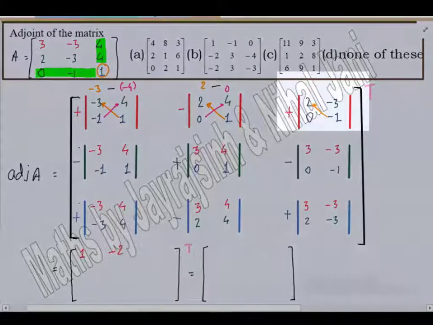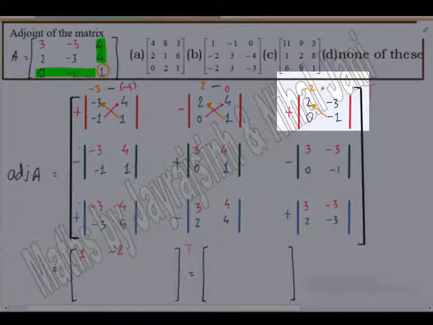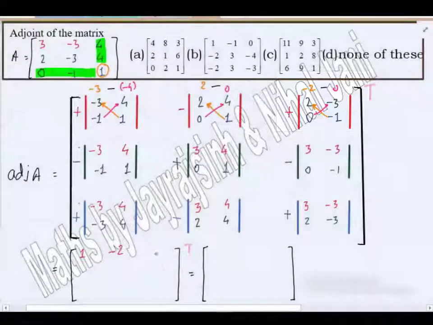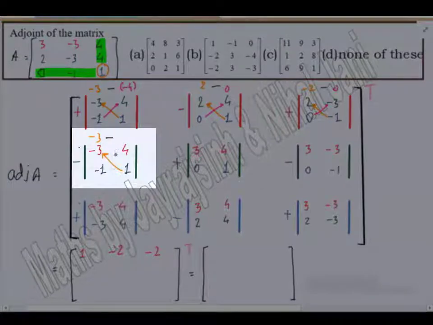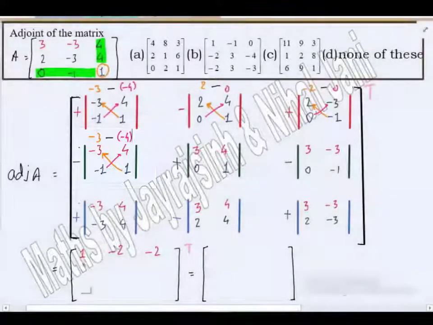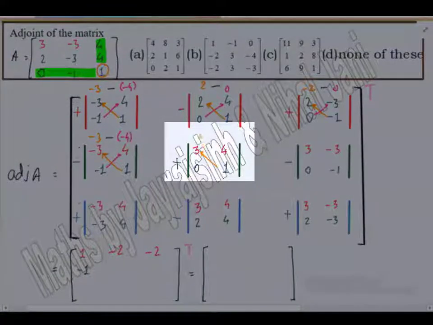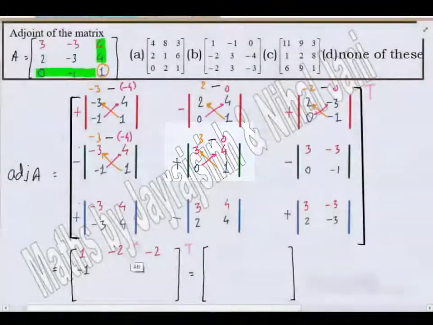Last element of the first row minus 2 minus 0, so here we get minus 2. Next element is minus 3 minus minus 4 will give us 1, but with negative sign it will be minus 1. Then 3 minus 0 will give us 3.